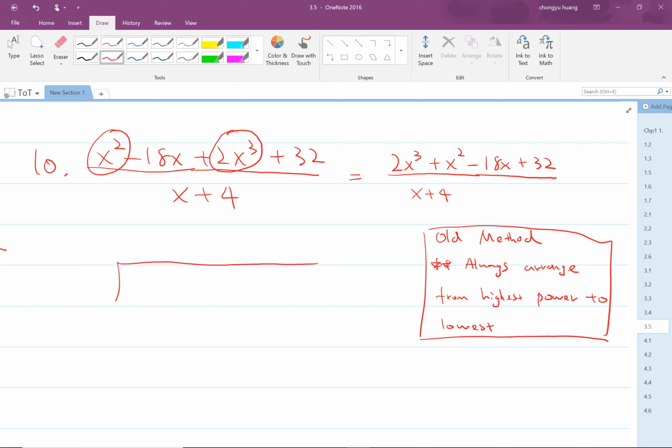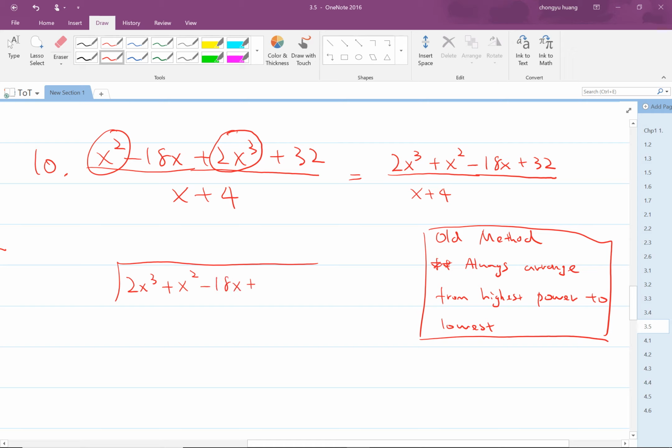This is the key detail. Always arrange from highest power to lowest power. So now we can actually write things in this way. Now we can actually solve it with the old method.